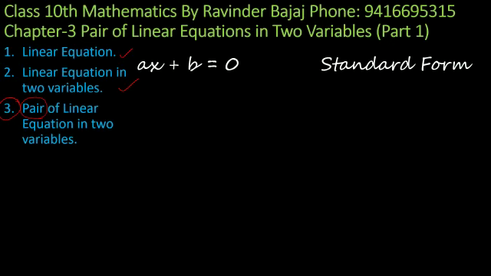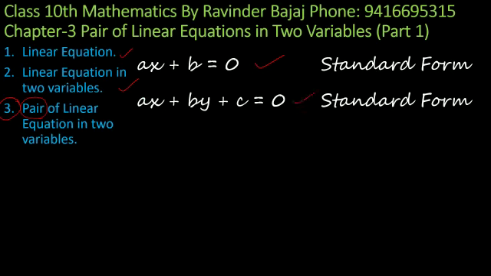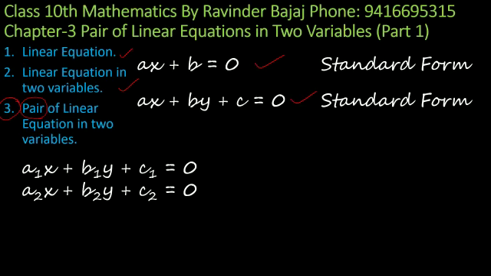For example, this is the standard form of a linear equation in one variable. This is the standard form of a linear equation in two variables. And if we want a pair, then a1x plus b1y plus c1 is equal to 0, and a2x plus b2y plus c2 is equal to 0. Here a1, a2, b1, b2, c1, c2 are all real numbers, which can be same or different.